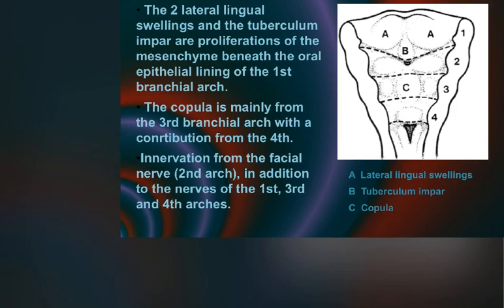General and taste sensation for the posterior 1/3 from the glossopharyngeal nerve. General and taste sensation from the most posterior region of the posterior 1/3 plus epiglottis region from the vagus nerve.